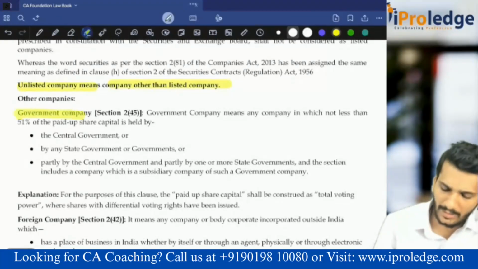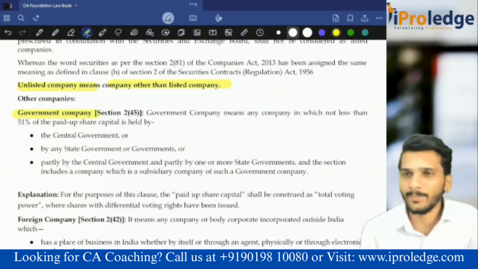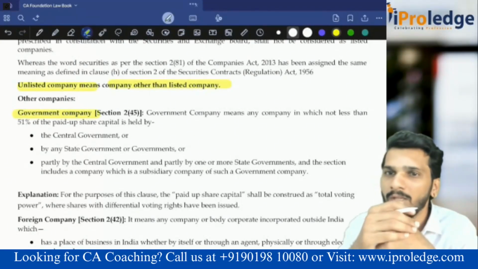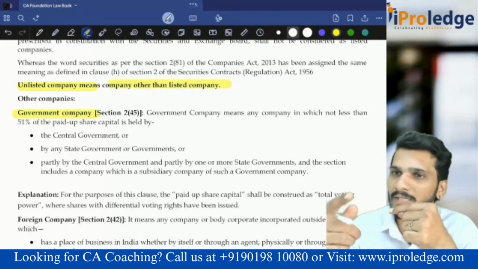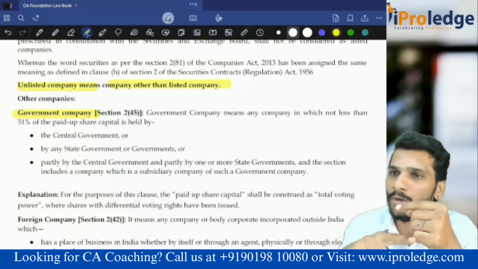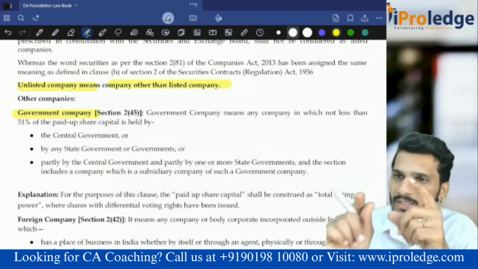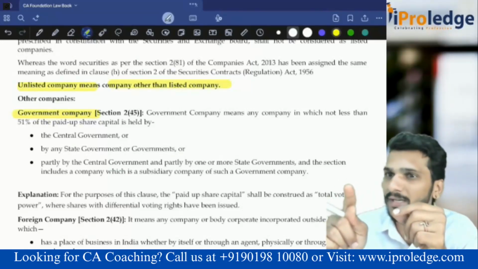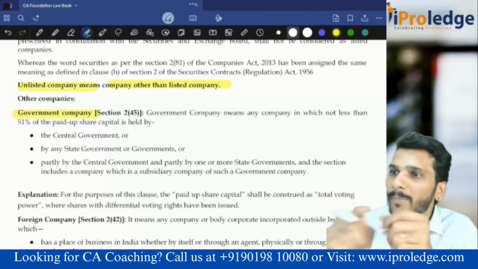Then comes government company. What is a government company? You remember the holding company, right? It is a company in which the other company holds more than 50% of the voting power or controls the composition of the board of directors. Now just replace the holding company with the government.